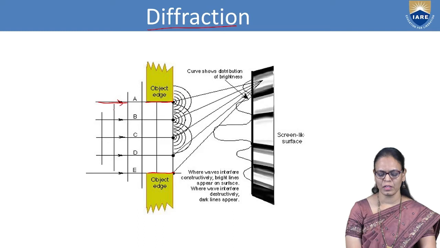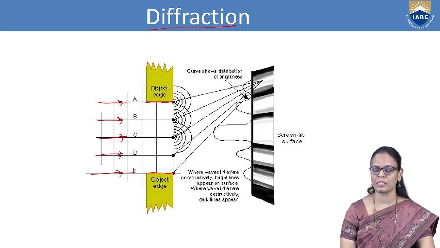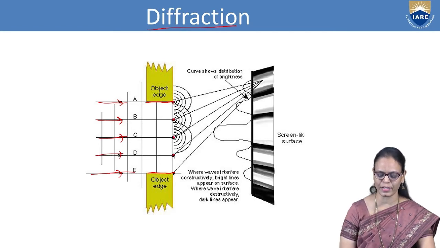Light is incident like this. Now when light is incident on this obstacle, according to Huygens principle, each point will act as a secondary source.